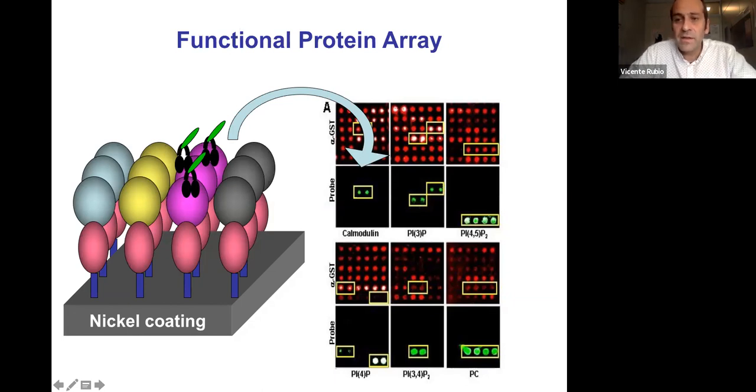For example, a collection of kinases or other enzymatic activities can be arrayed in these chips, and we can test different substrates labeled with a fluorescent marker to see which ones are actually processing those substrates. That is what you can visualize here in this scanner.